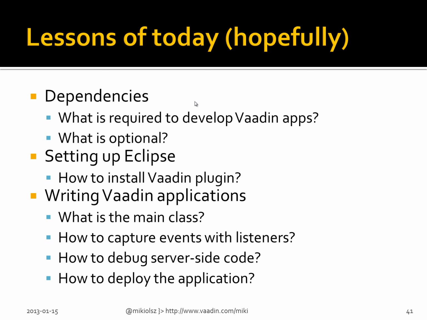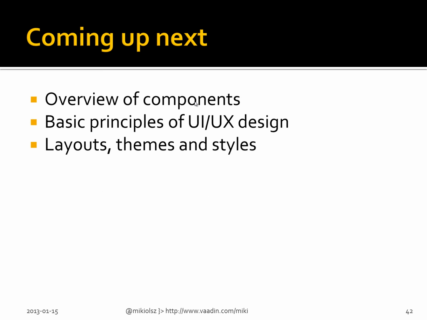I've just done that with a clean installation of Eclipse, so the steps are accurate and they should work. If you run into problems, please notify me and I will update them or try to help you with them. And then we started writing Vaadin applications. Events and listeners were briefly mentioned, and debugging the server-side code and deploying the application were also covered.